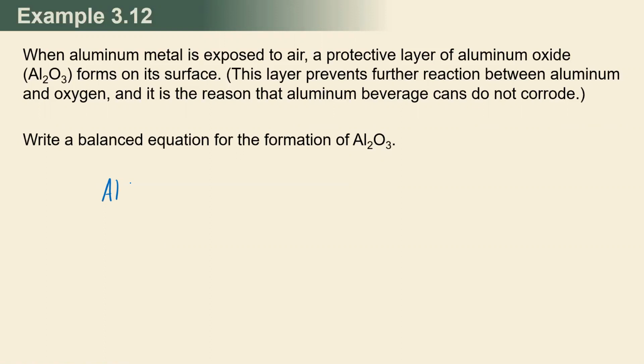That's right, Al. Yep, absolutely. And if Al is reacting with oxygen, Rahi, what do I need next? O2. O2, because oxygen is one of those diatomics. That's all my elements. Of course, I'm forming Al2O3.